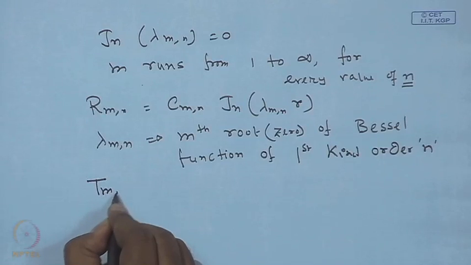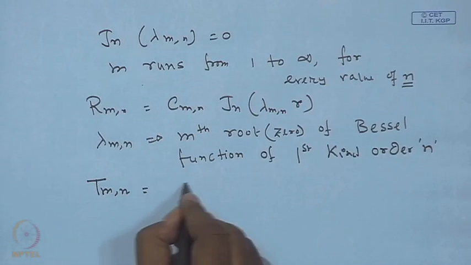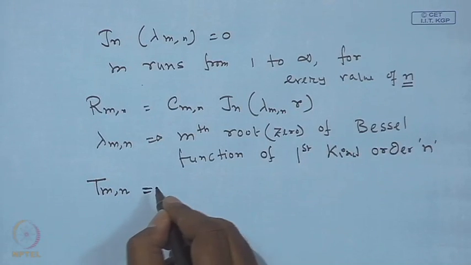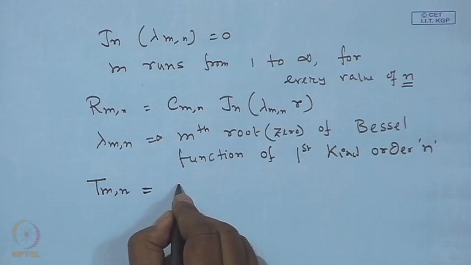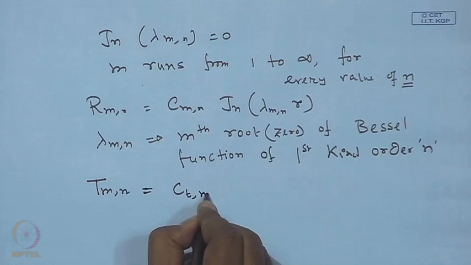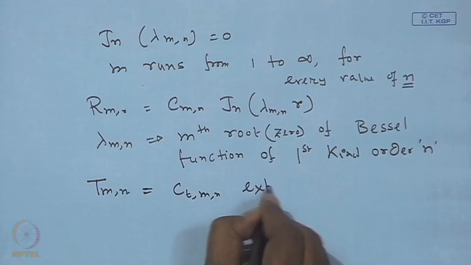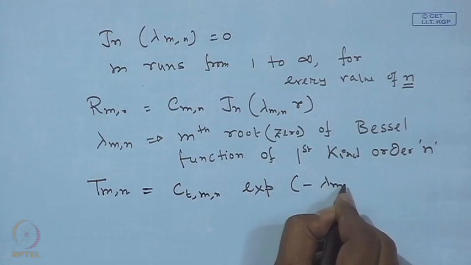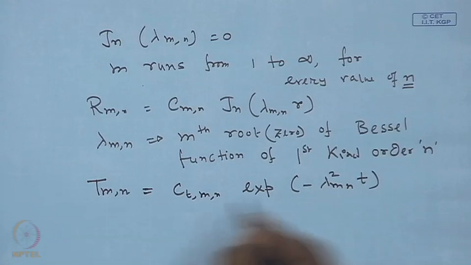Then we get the expression of T m n. If you look into the time varying part, you can easily find that its solution is some constant multiplied by exponential minus lambda m n square times t.